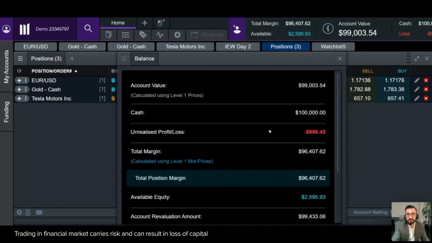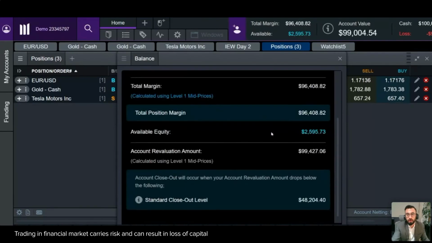there are certain statistics. And if you scroll down to the very end of it, it tells you that account closeout will occur when your account revaluation amount drops below the following. Standard closeout level, $48,200. And this is not a coincidence, 48,200 is the exact 50% of the margin which you have blocked, $96,000. What does it mean?